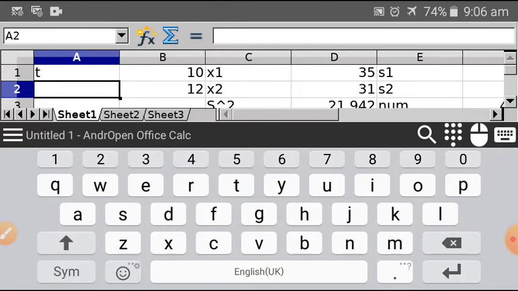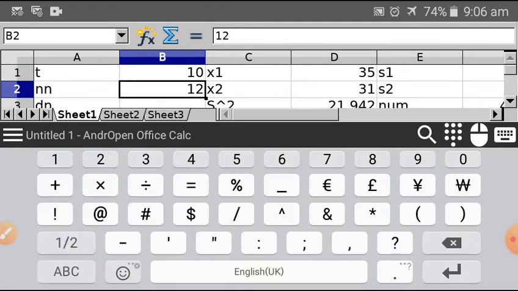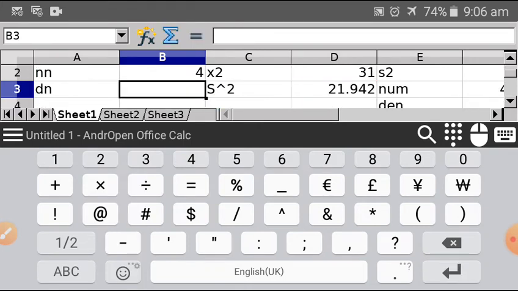So let me take numerator as nn and denominator as dn. And for numerator what we need is x1 bar minus x2 bar. So this is my x1 bar minus x2 bar, and this is my numerator value.